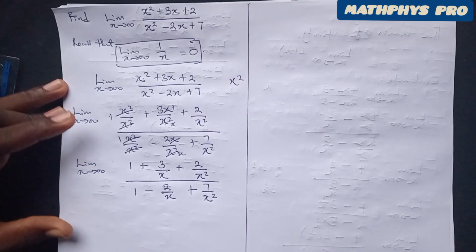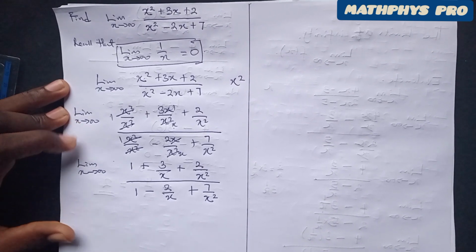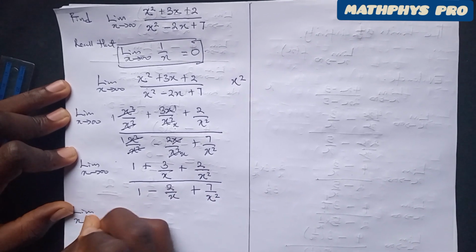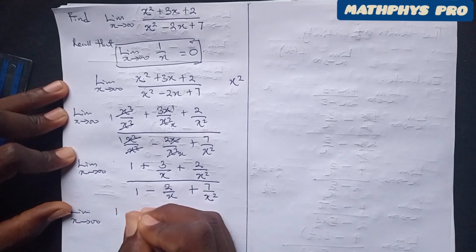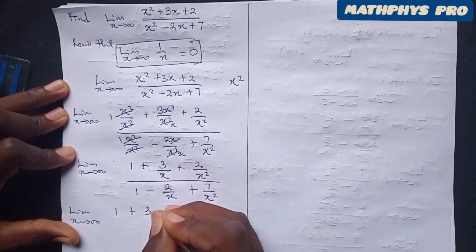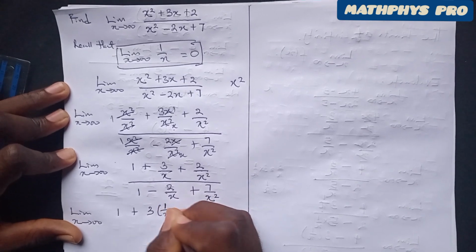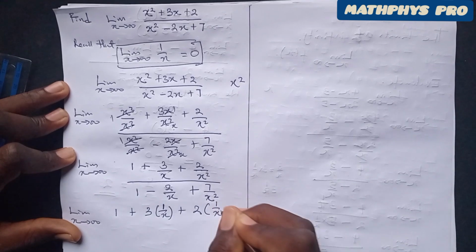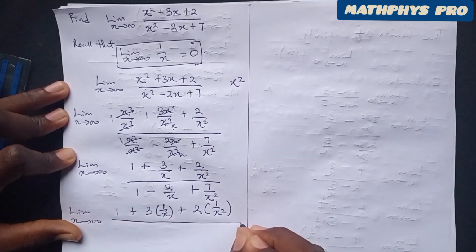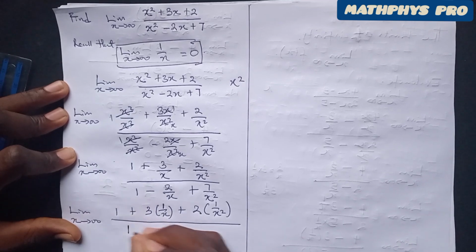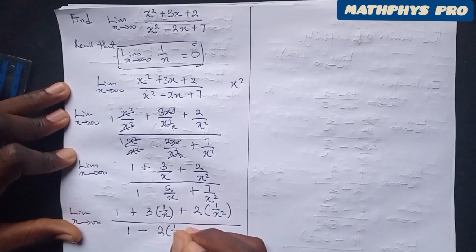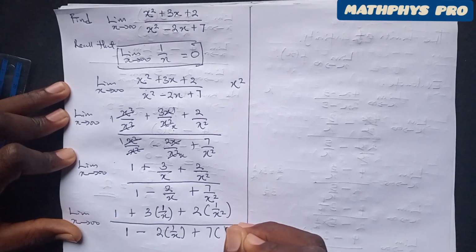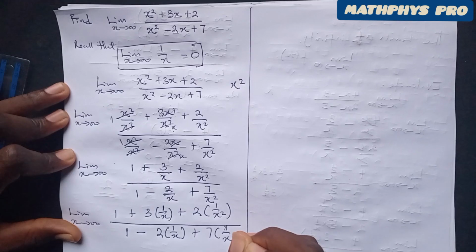This can also be written as the limit when x approaches infinity of 1 plus 3 in bracket 1 over x plus 2 in bracket 1 over x squared, divided by 1 minus 2 in bracket 1 over x plus 7 in bracket 1 over x squared.